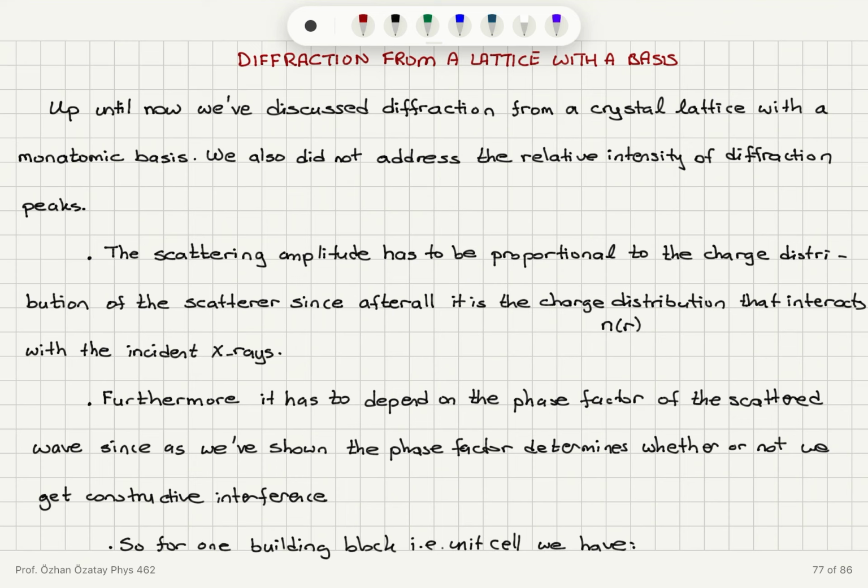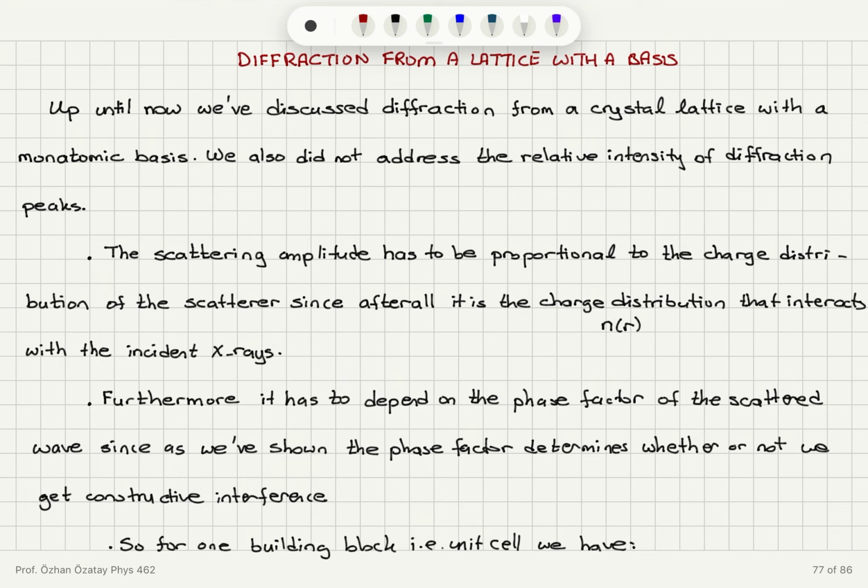We have seen the Ewald construction, which is basically saying that by looking at the reciprocal lattice and the k vector, if we draw a circle around the origin and the tip of the wave vector touches this circle, then delta k will be a reciprocal lattice vector.